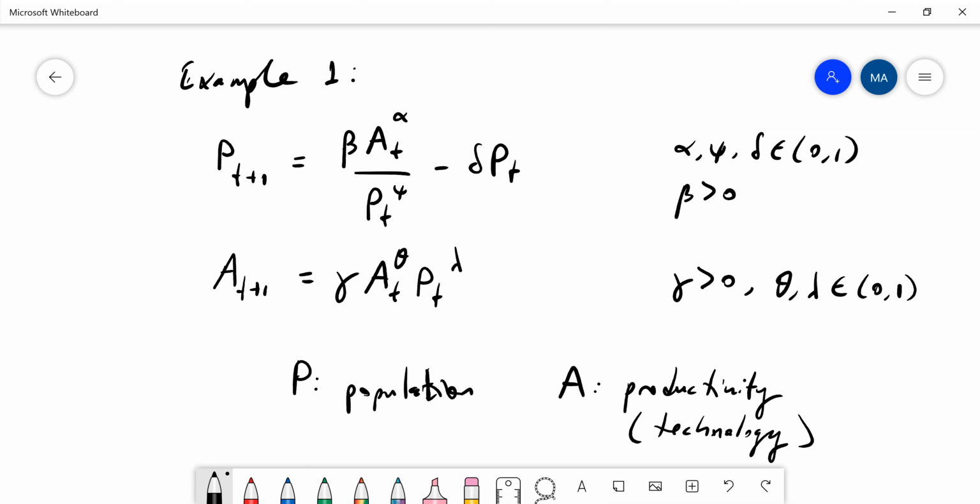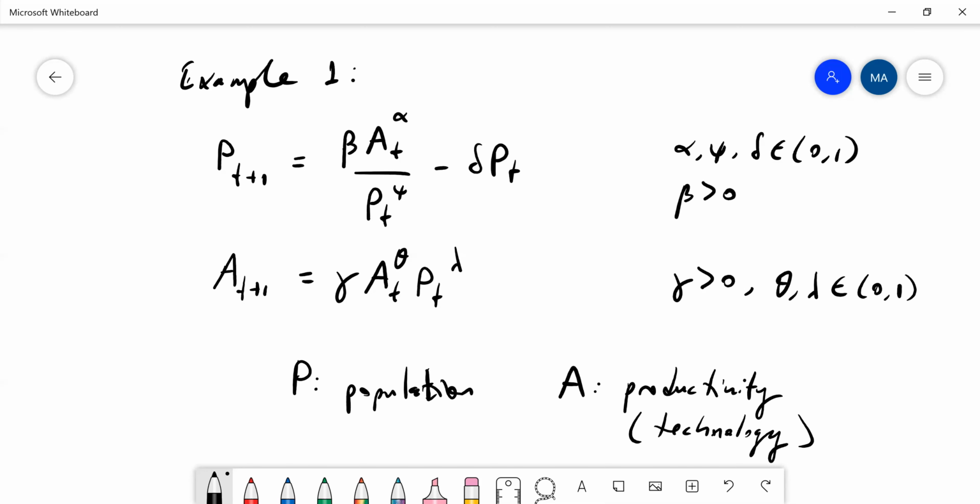And productivity also evolves in this economy. So this is different from the textbook Malthusian model. So population evolves, productivity evolves in this way. If you have more knowledge, or if you are already productive, that explains your next period's productivity in a positive way. So there's some persistence in technology, right?